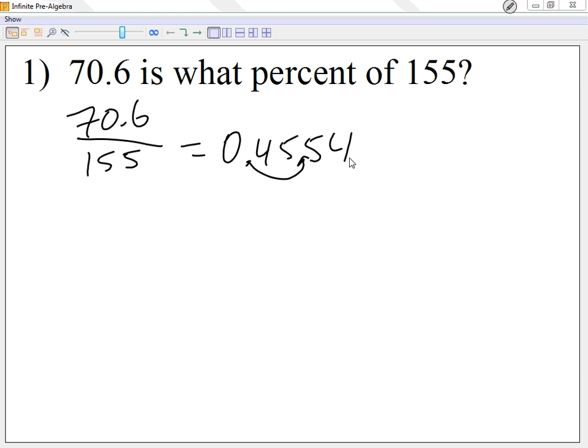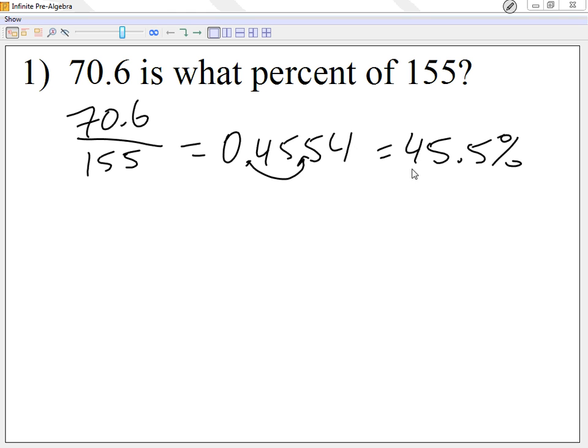Since my second decimal place is small, 4 is small, I'm going to ignore it. So I'm going to call this 45.5%. If this 4 was bigger, like 5 or more, then I would have called it 45.6. That's why I wrote 4 decimal numbers, because this one tells me if I go 45.5 or 45.6.